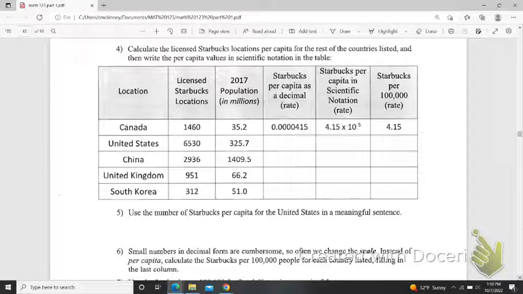So one thing to consider, since this is in millions, is I could just think of this number being times 10 to the 6th. But I'm going to divide by that number. So if I would divide 6,530 by 325.7, what I get is 20.0.